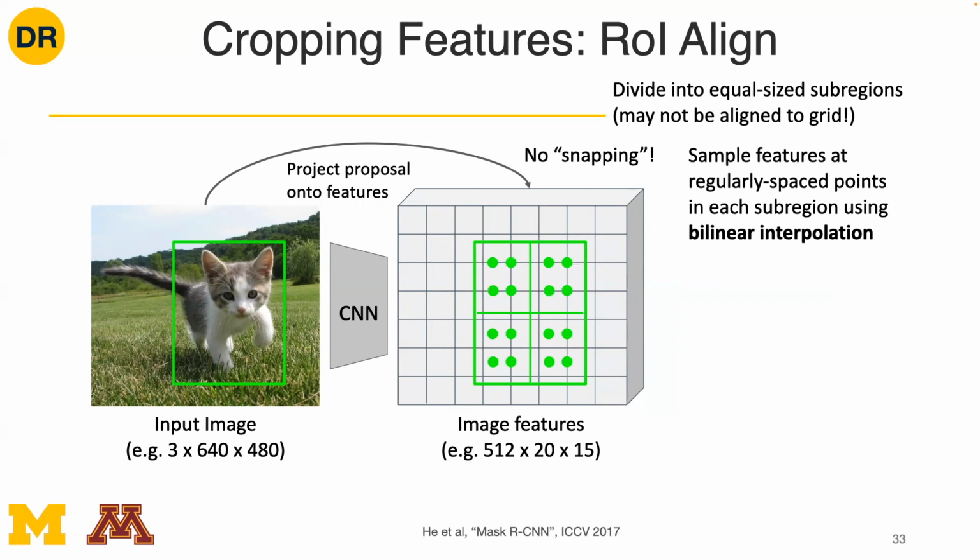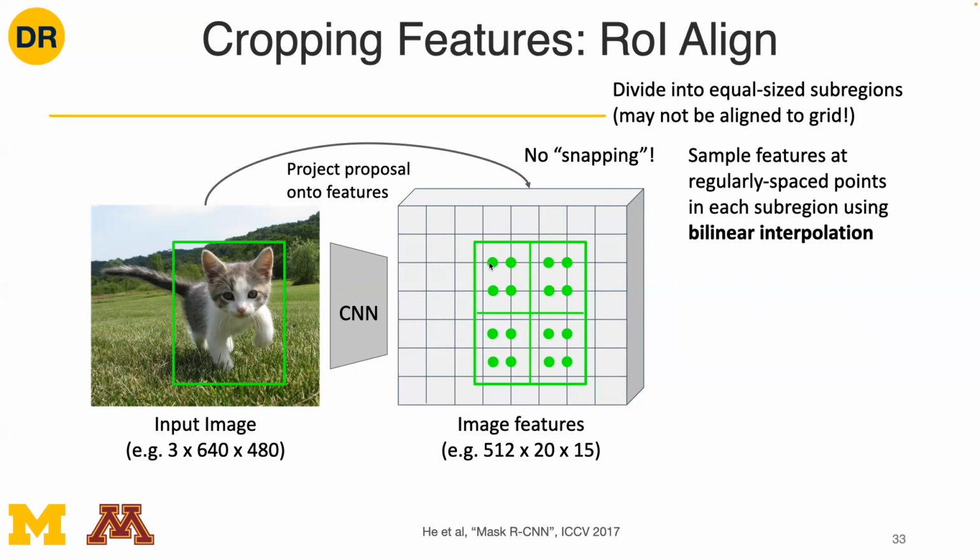Interpolation is essentially an averaging operation where you average information based on, in this case, the location or the proximity of features to a given coordinate. So what RoI Align will do, for each of these subdivided windows in the feature map, is pick a fixed set of samples that, once again, don't necessarily fall along the grid positions of the feature map.